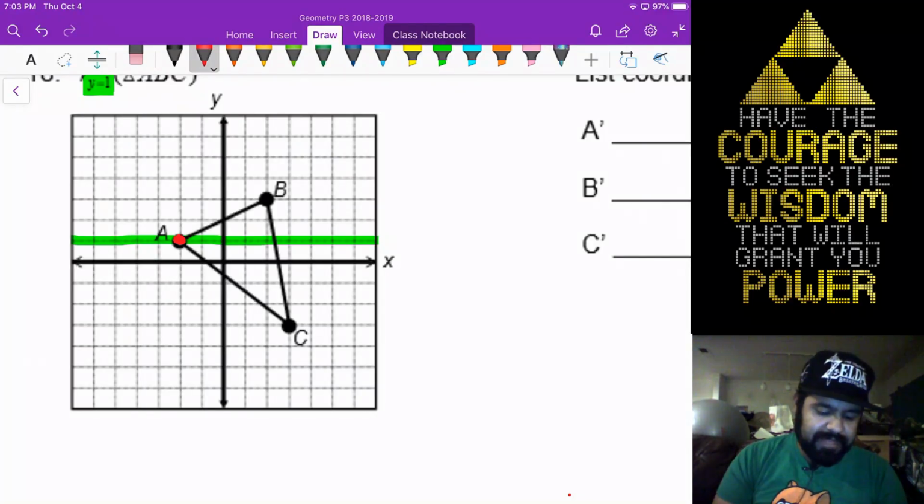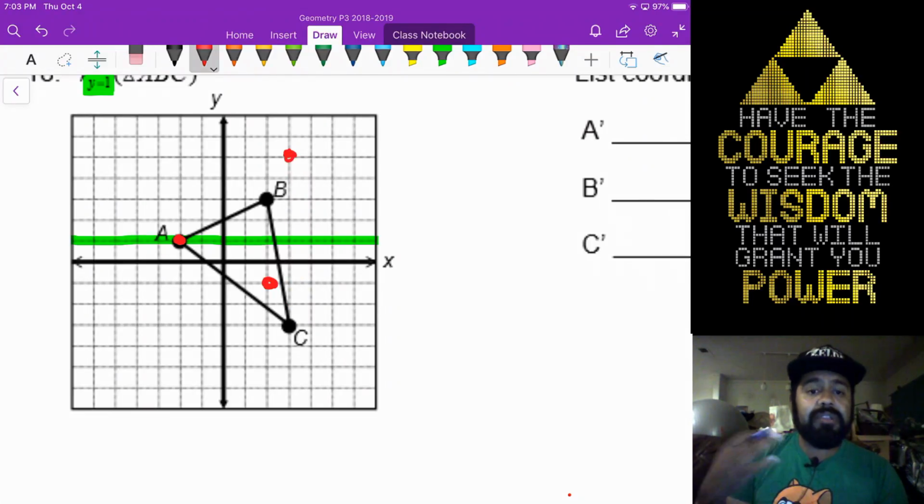Letter B is going to reflect over 1, 2, 1, 2. So we're going to place the point right there. And likewise, C is going to reflect upwards. 1, 2, 3, 4. 1, 2, 3, 4. Uh-oh, almost messed that up. There we go.